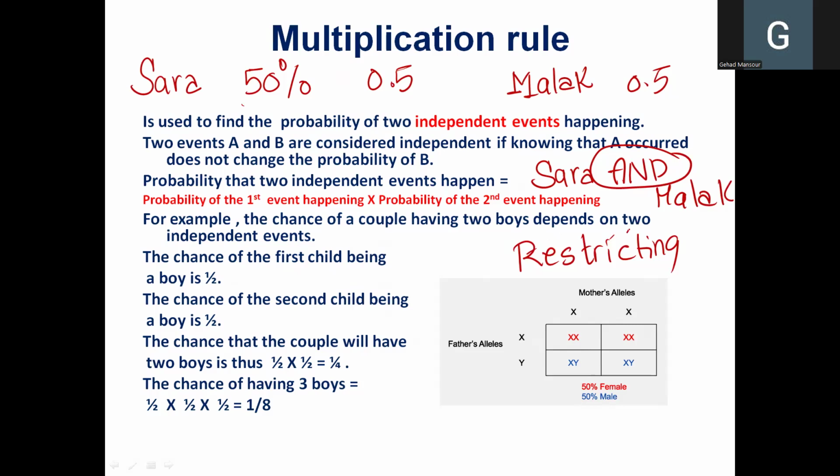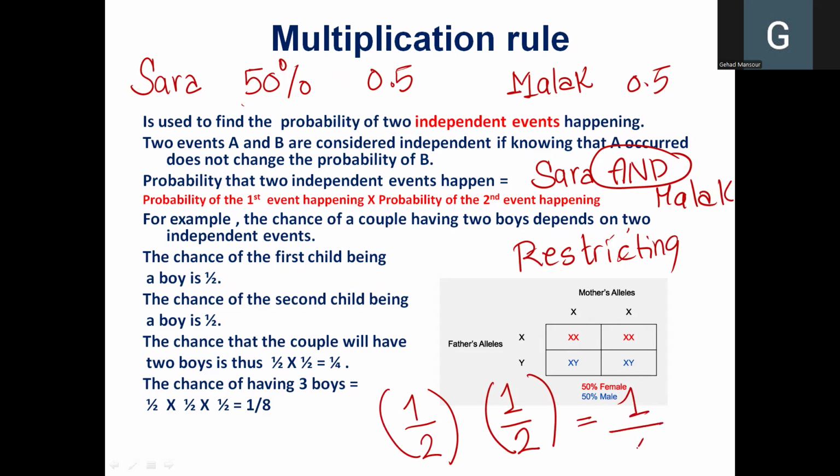So the probability of meeting Sarah is 0.5, which is a half, 1 over 2. And the probability of meeting Malak is 1 over 2. So when you multiply the two probabilities, 1 over 2 multiplied by 1 over 2 gives rise to 1 over 4, because you are multiplying the numerators and denominators, and therefore, of course, a quarter is smaller than half.